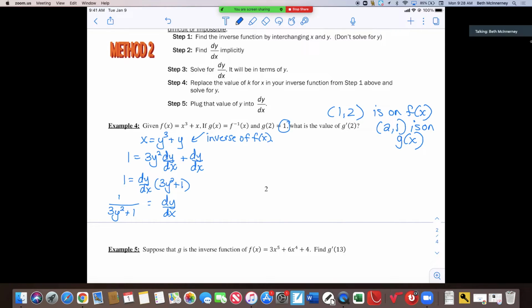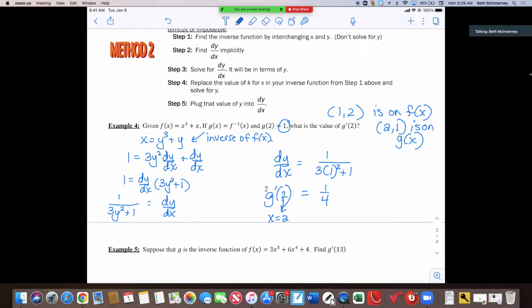So I need to plug in that my y value is in fact 1. So g prime of 2 is 1/4. Super cool. See, g of 2 means x is 2, but I have the y. Does that make sense?